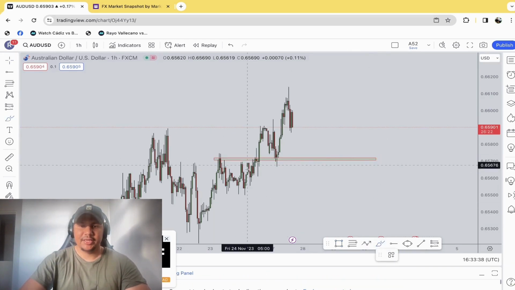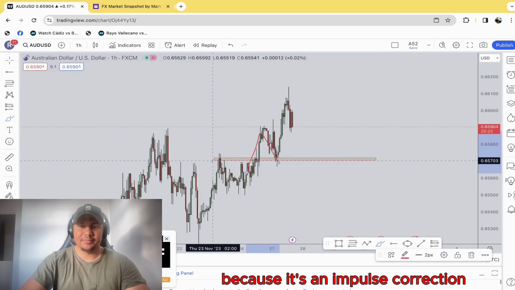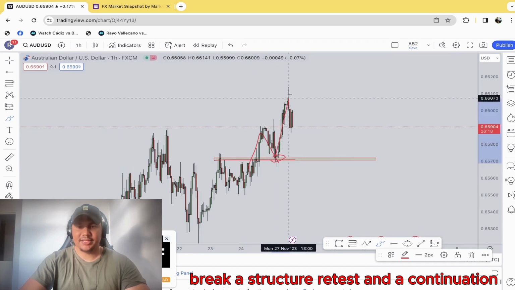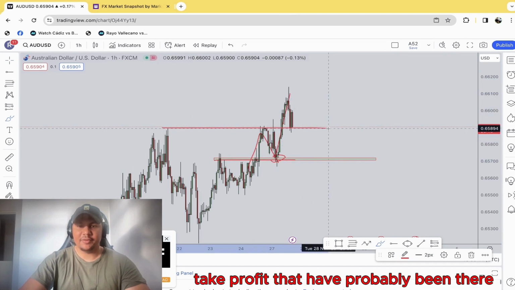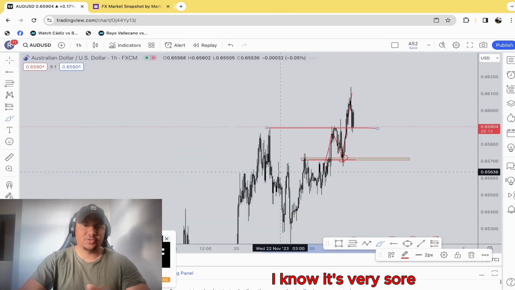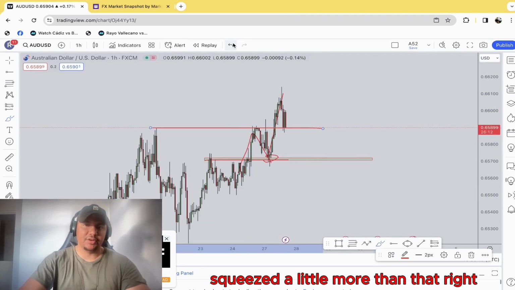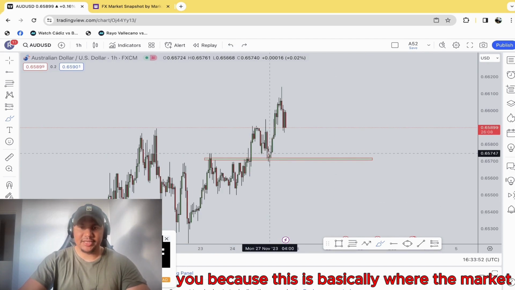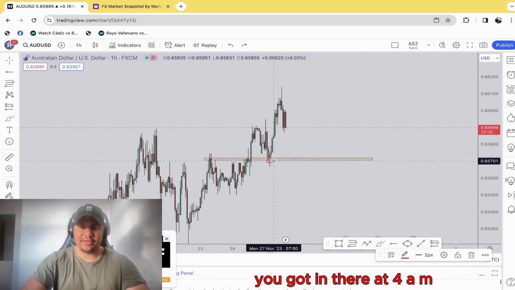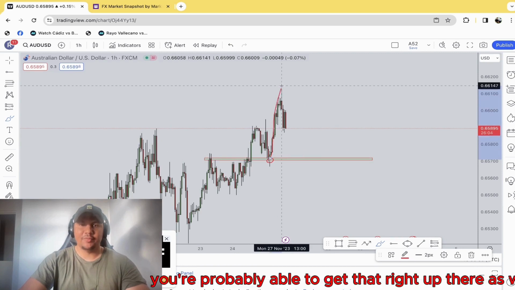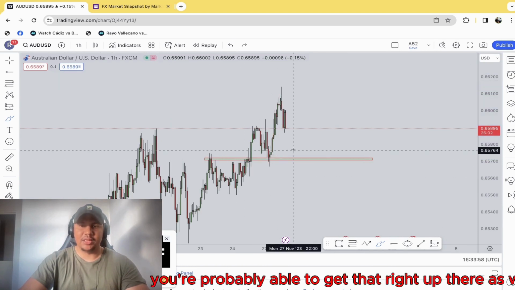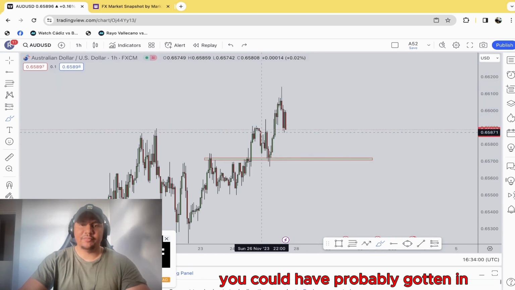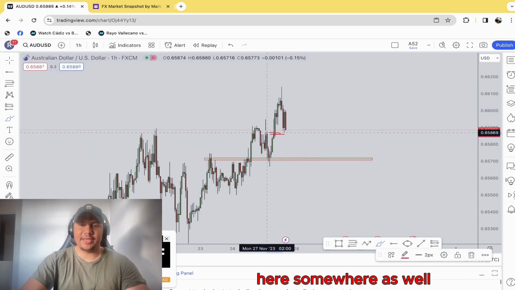Because it's an impulse, correction, break of structure, a retest, and a continuation. Take profit would have probably been there. I know it's very short, but you could have probably squeezed a little more than that. If you got in there at 4 a.m., you're probably able to get that right up there as well. But alternatively, you could have probably gotten in here somewhere as well.